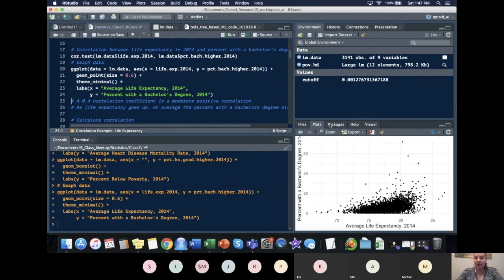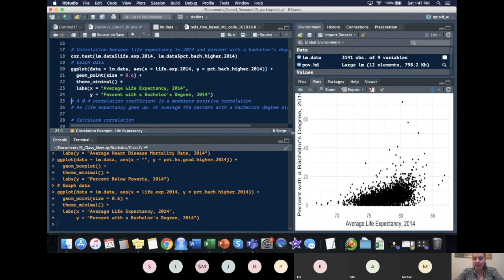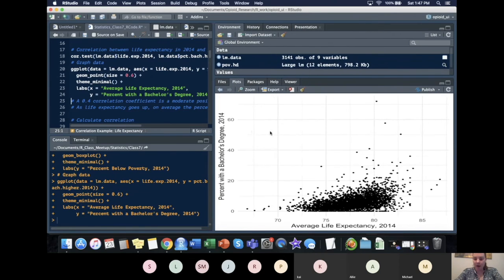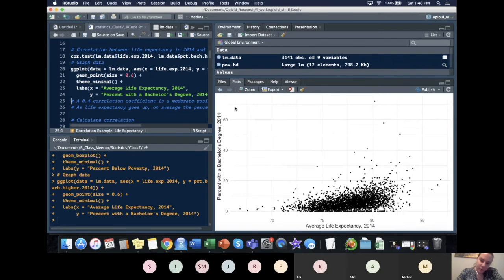This is a scatter plot of our percent with a bachelor's degree and our life expectancy. Looking at this, this is the case where I would be very hesitant to use correlation coefficient, a Pearson's correlation, as our evaluation metric.